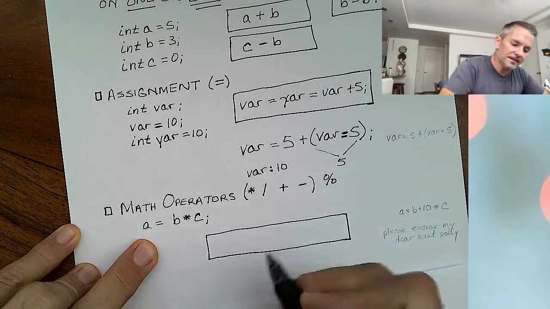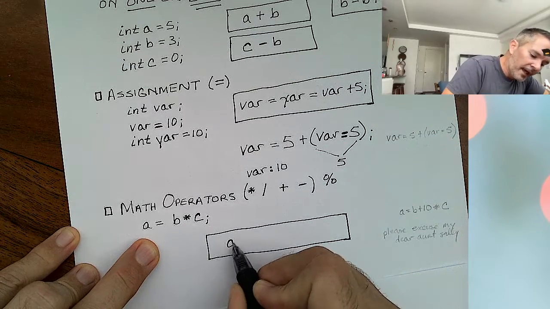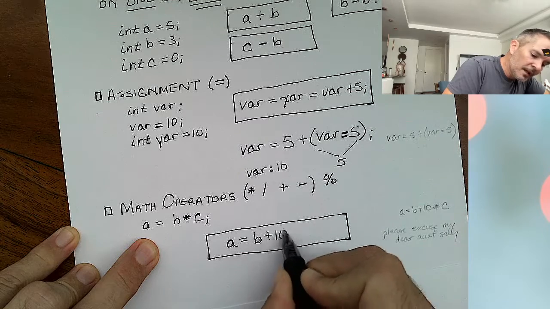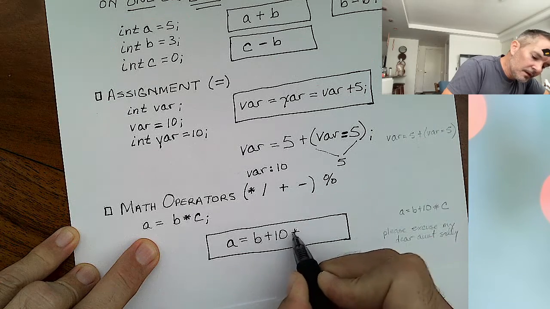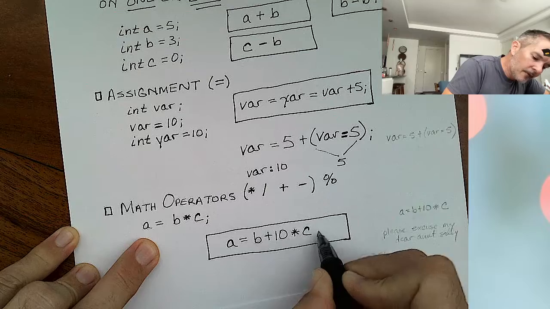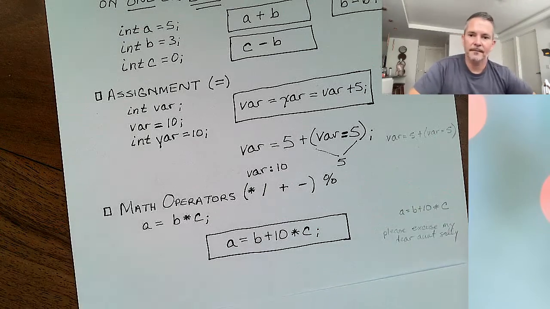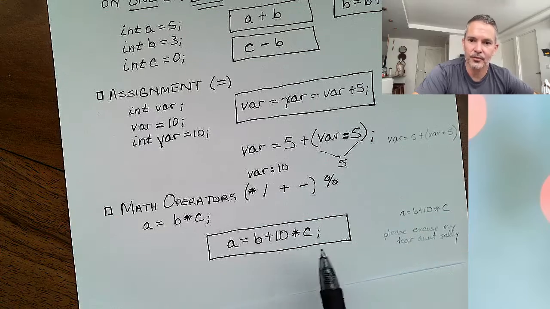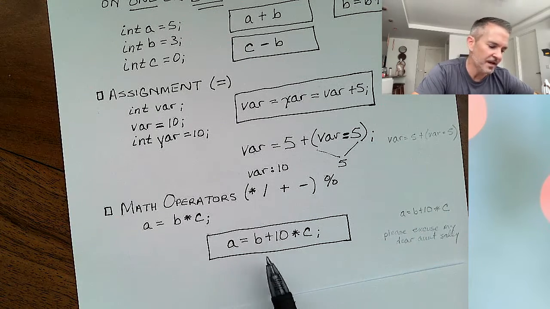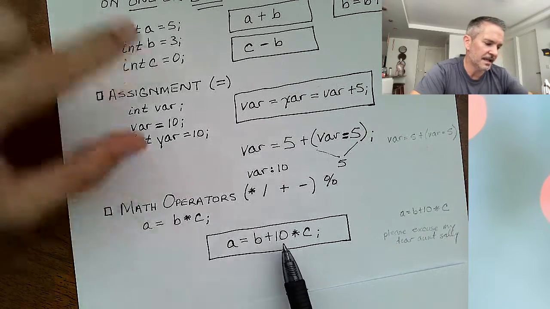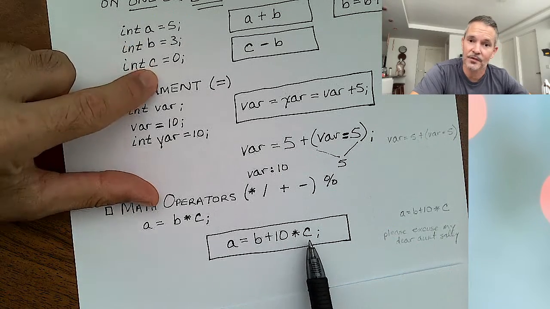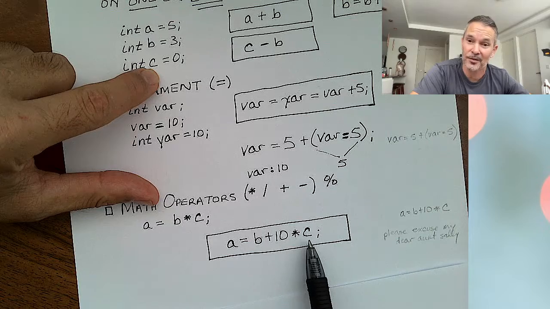But look at this. I could also say A equals B plus 10 times C. Now, if you think about it, there's two potential ways this could be interpreted. I could say B plus 10 equals 13 times C equals 0, so 13 times 0 is 0, okay?